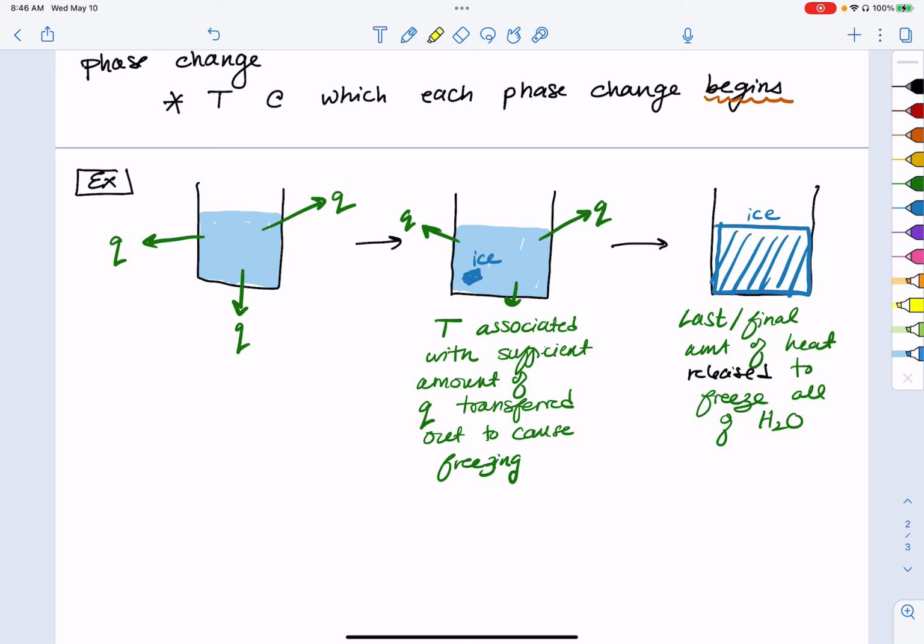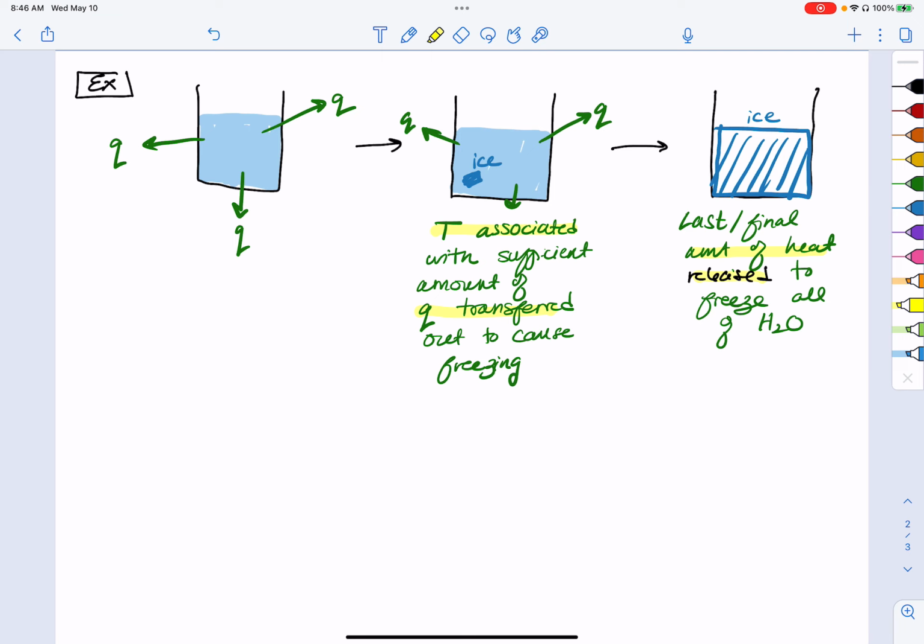And the thing about these temperatures, right? These temperatures that are associated with heat transfer out of our system, this is what we call the freezing point.